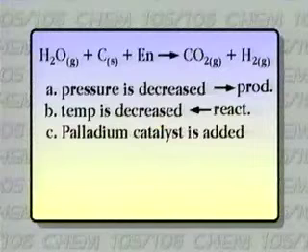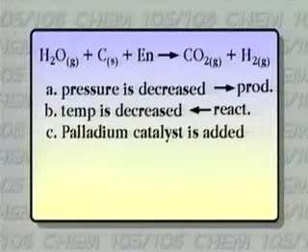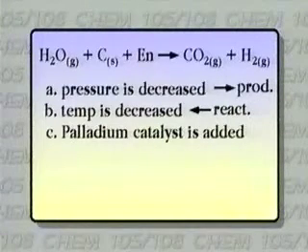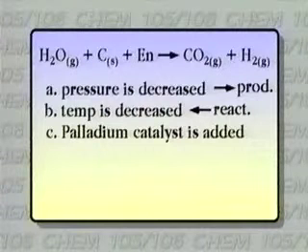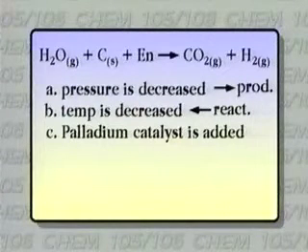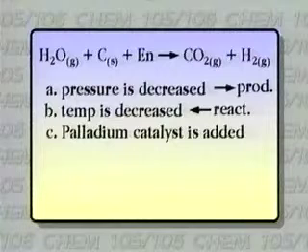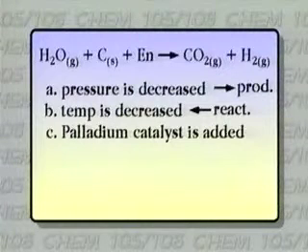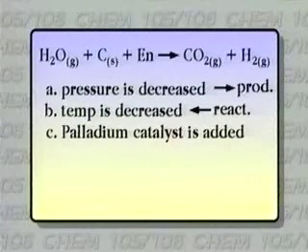Adding a catalyst. Does a catalyst affect equilibrium? Well, to answer that question, we really would have to go back and look at what a catalyst did to the activation energy barrier. So let's just sidetrack here a second.